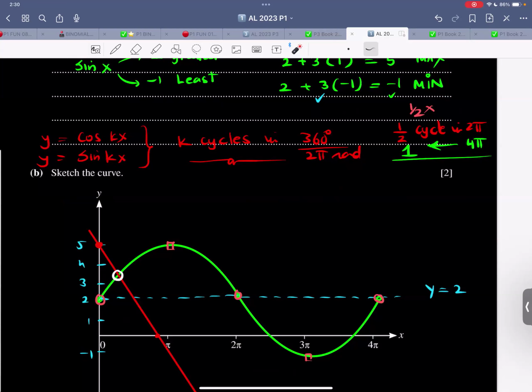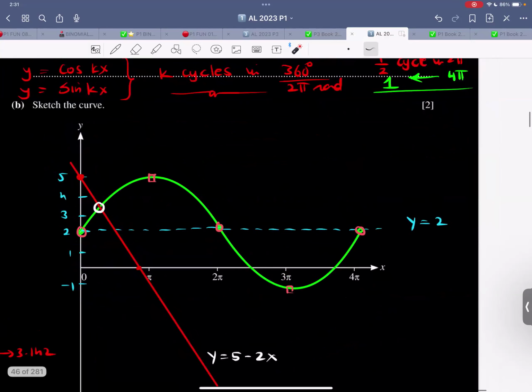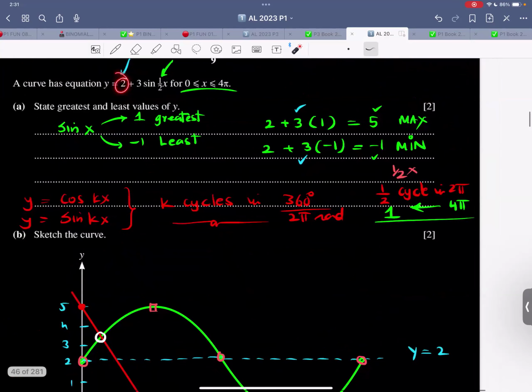Okay, so now this concept of number of cycles, and let me write over here trigonometry. So that is the thing that I was focusing on, number of cycles and trigonometry. Now this thing over here, plus 2.